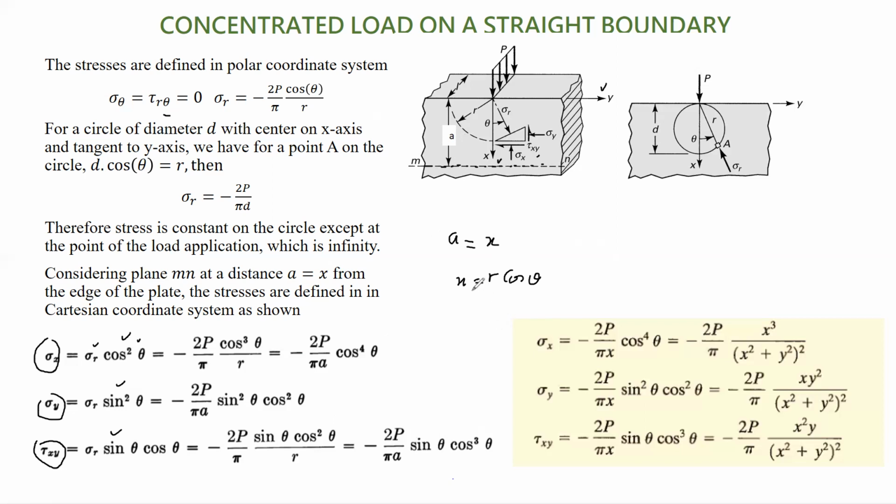So substitute for x, which is a here, r cosine theta, or substitute for r, x over cosine theta, you end up with this equation. And similarly with the other two equations. But still, these equations are expressed in terms of the distance a and angle theta.